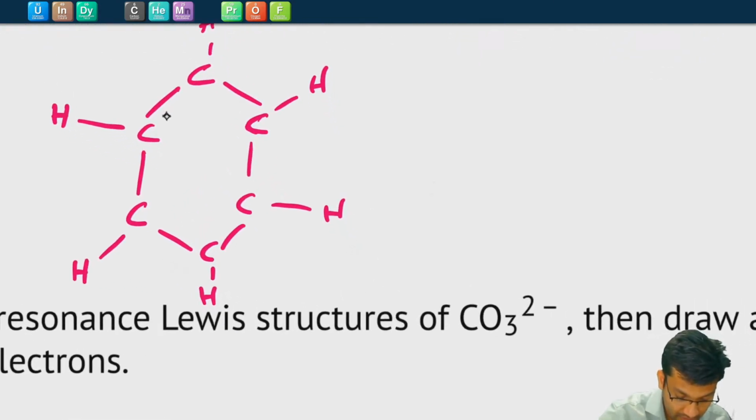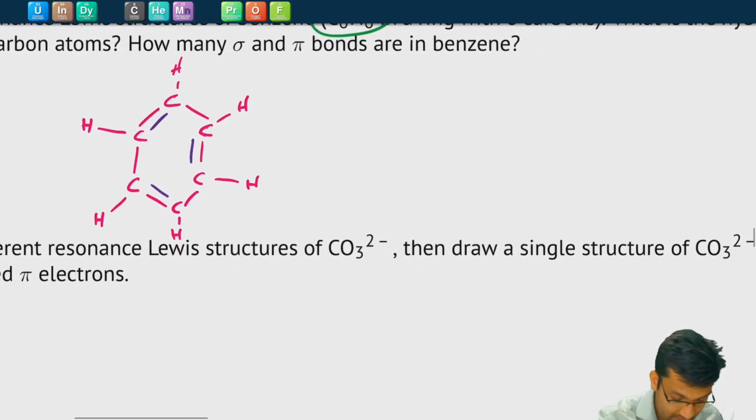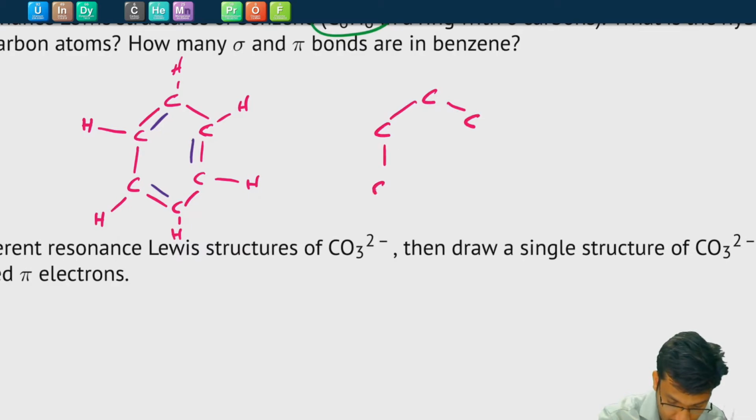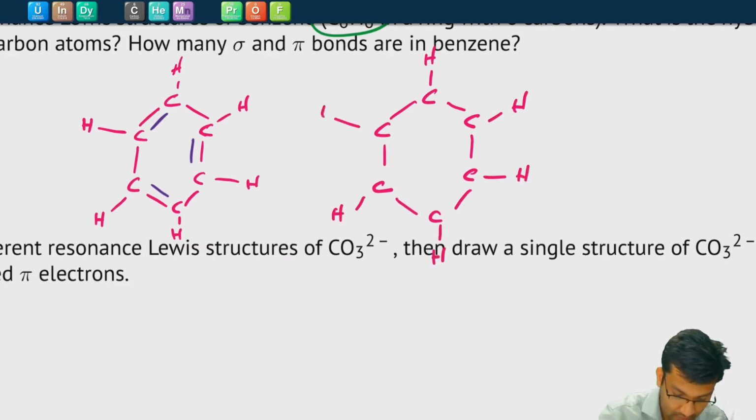Okay, so to account for double bonds, we could have put the bonds here maybe, or there's an alternative option where we could put the double bonds. This is an H. We could put the double bonds in the alternating position.